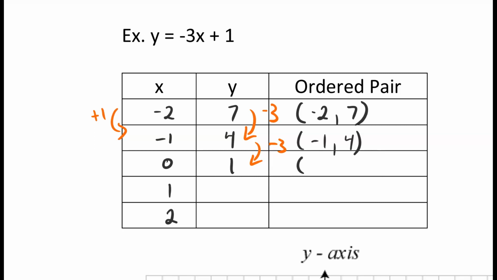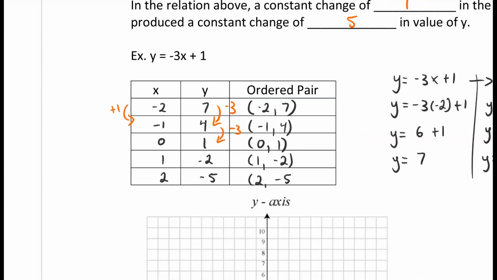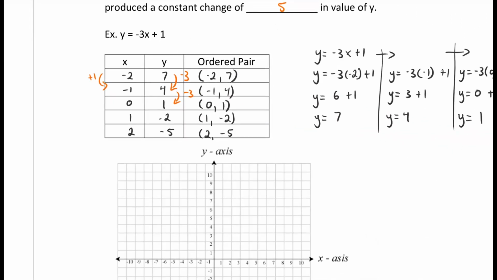So 0 and 1. Well, 1 subtract 3 is going to get me a value of negative 2. And negative 2 subtract 3 will get me a value of negative 5. So 1, negative 2, 2, and negative 5. That'll fill in our table here.